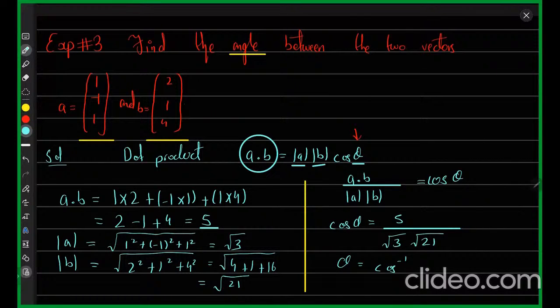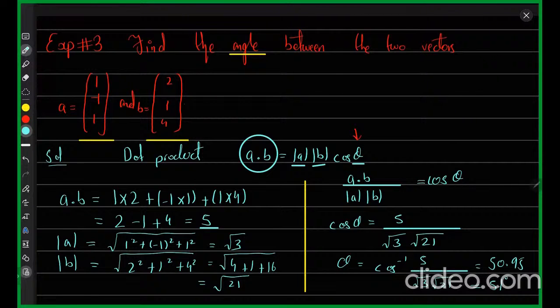So you guys can just use your calculators and press cos inverse 5 divided by root 3 multiplied by root 21, and finally we are going to get 50.95. So this thing is going to be 50.95, and we can write it as 51 degrees correct to 1 decimal place.